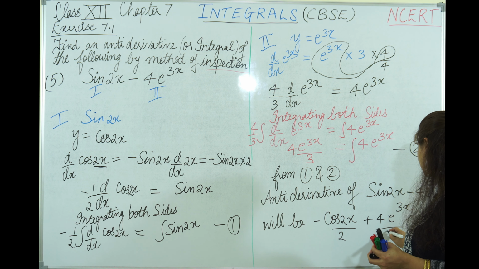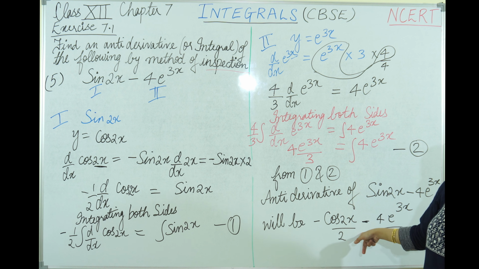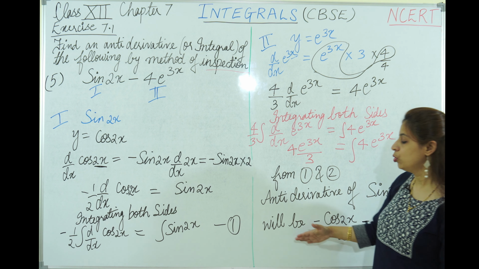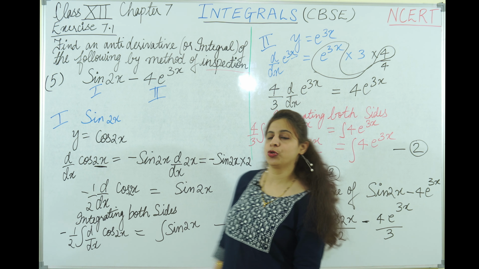The antiderivative of sine 2x is minus cos 2x upon 2, and the antiderivative of 4e to the power 3x is 4e to the power 3x upon 3, and this negative sign is already there in the expression. If here also we had got a negative sign, then negative and negative would have become positive. So in this manner we need to do such types of questions.